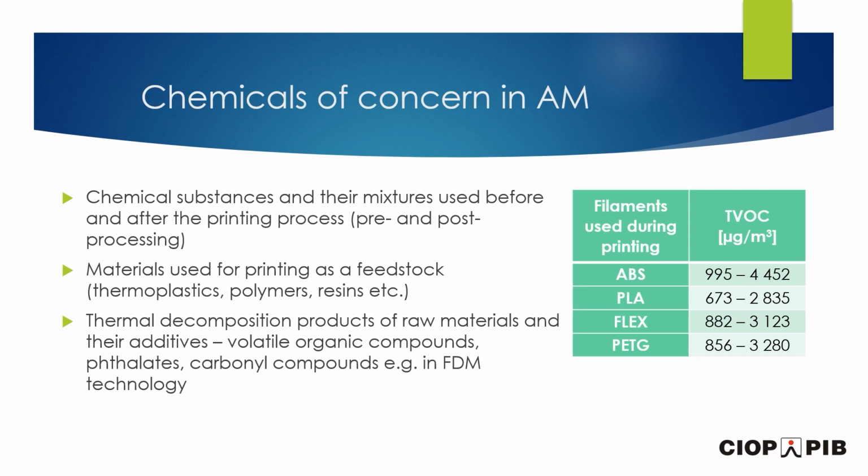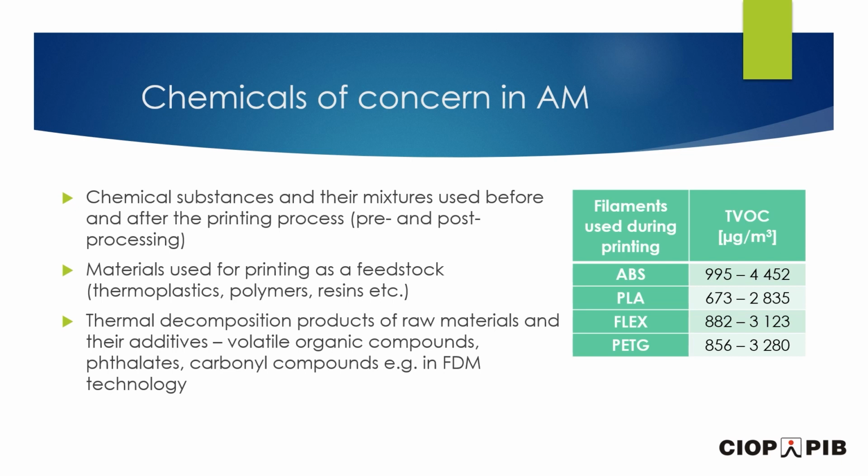What chemicals do we mean when we think about additive manufacturing? These are not only the materials that are used for printing, not only the raw materials that are used as a feedstock, which are very different depending on the technology which is applied. They might be thermoplastic polymers, different types of resins, but also metal powders and so on, depending on the technology.